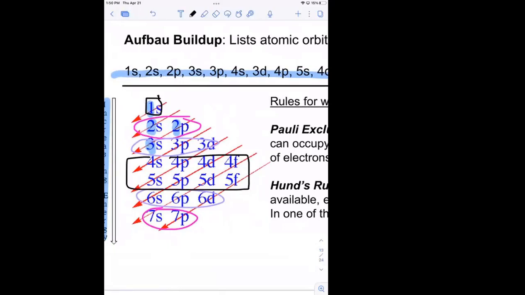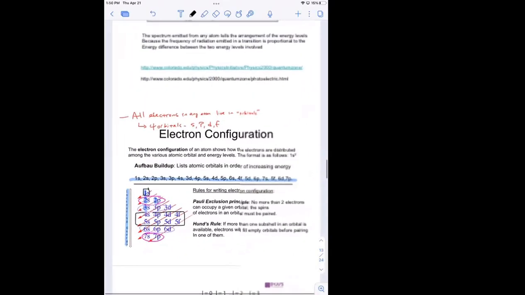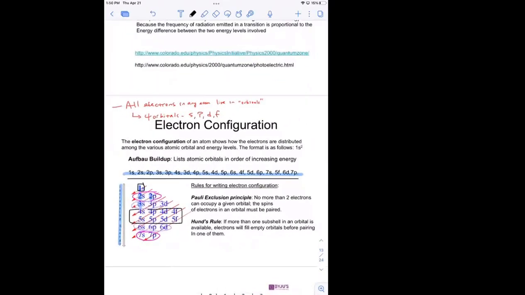So if you have a different way of remembering how the shells are organized, then it makes it easier when it's time to fill up the shells and write out the electron configuration.